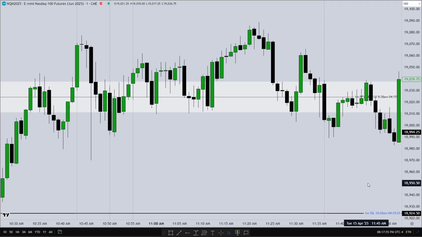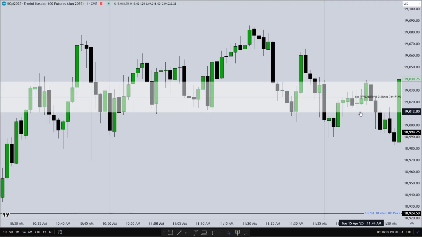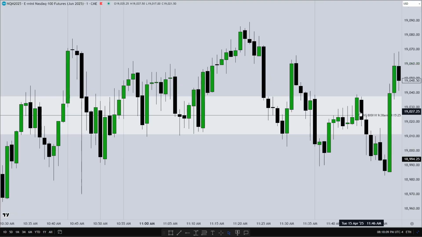So now, same thing that we were looking for here as a short, but reversed until we have a change in narrative where price closes below that gap. Okay?